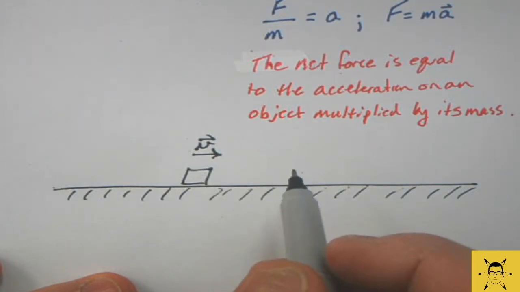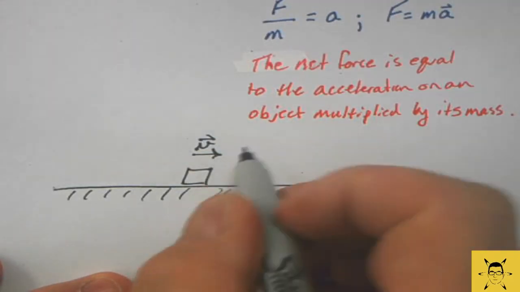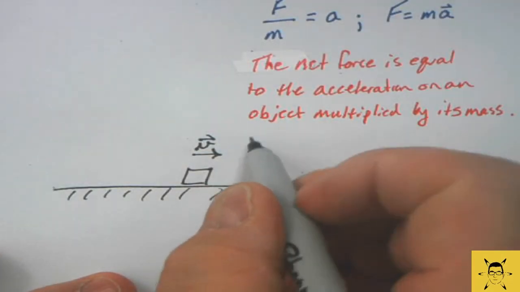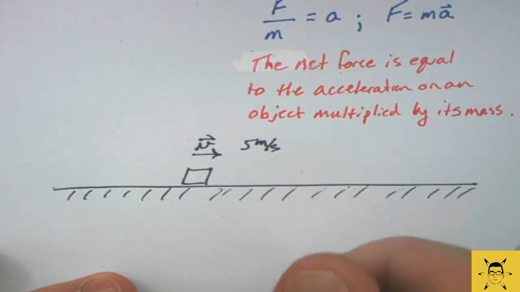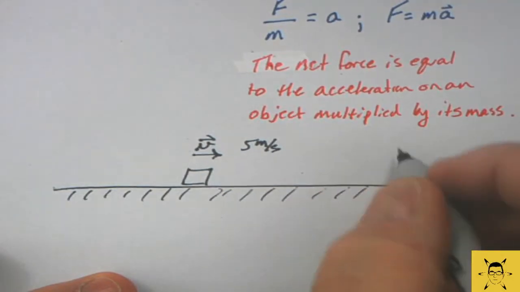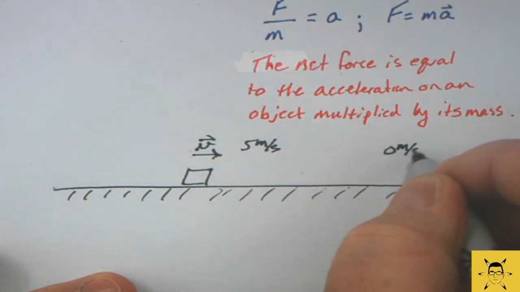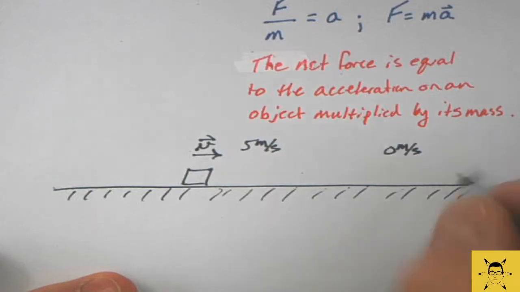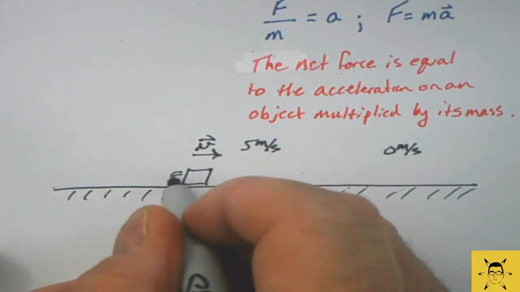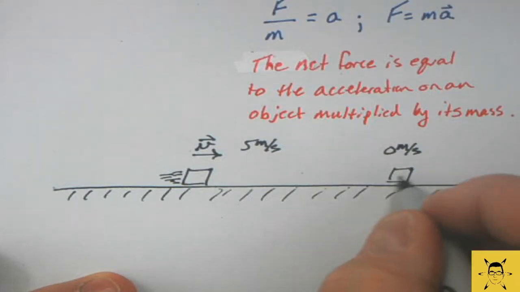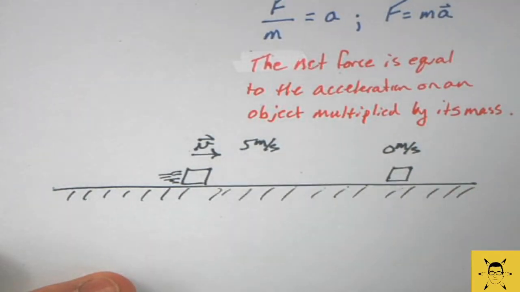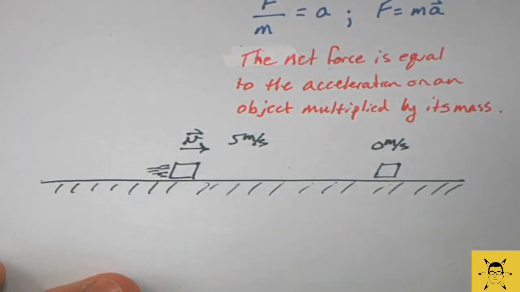That makes sense? So let's say it's moving at 5 meters per second to the right. We want to get it to 0 meters per second, right?